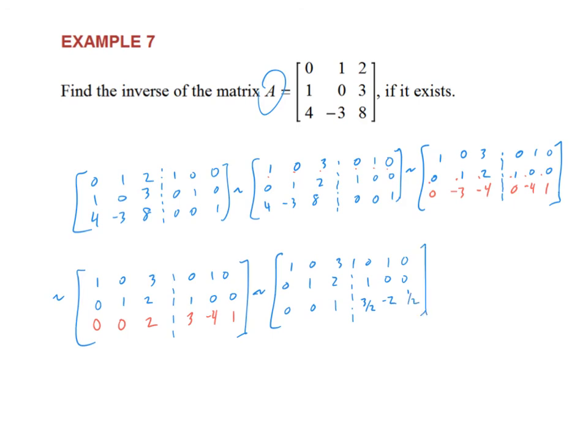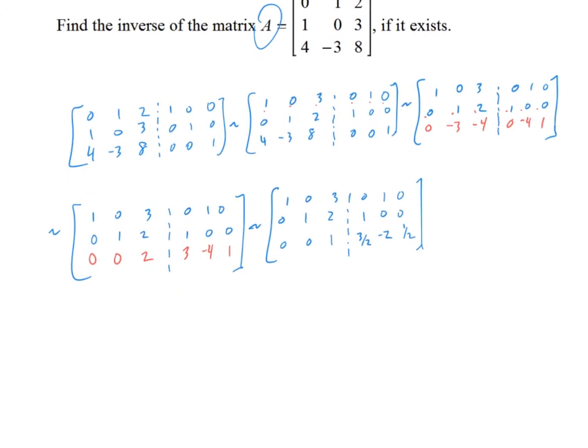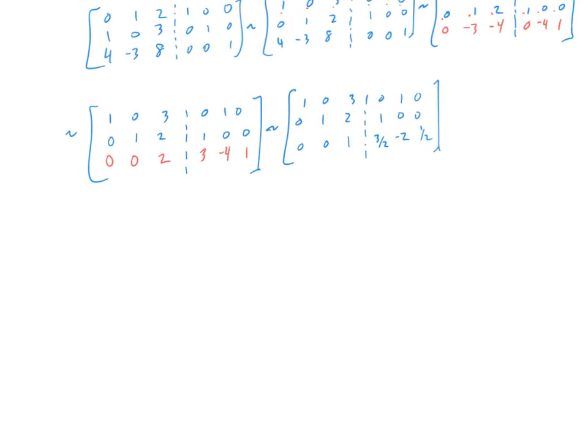Now we go back up the stairs. We use the bottom pivot to eliminate everything that is above it. So in this step, the only row that stays the same is the bottom row, 3 halves, negative 2, 1/2.